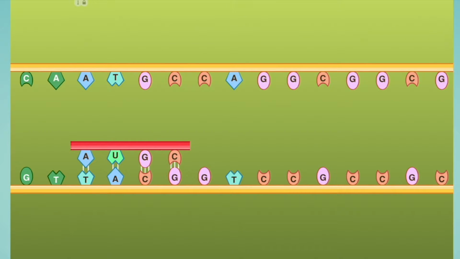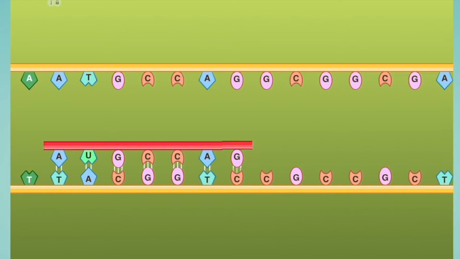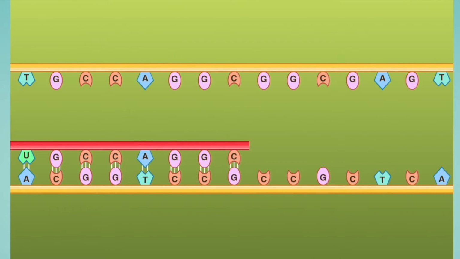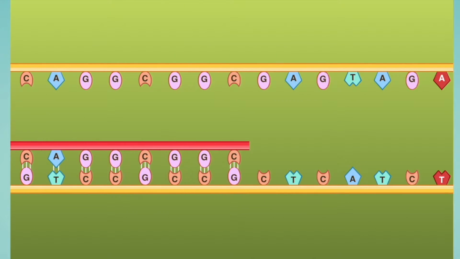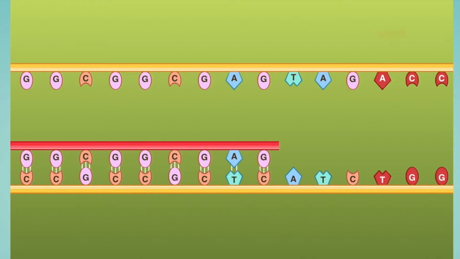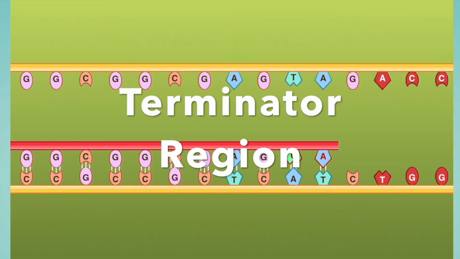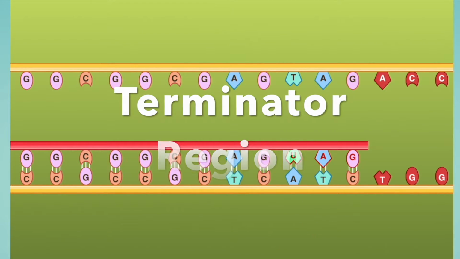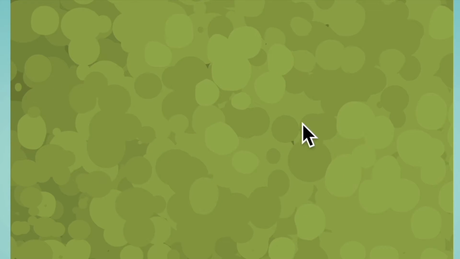So I'm going to go through all the base pairing. And let's move on to the next. Alright, so we're going to stop here because the RNA polymerase is almost at a terminator region. So one more nucleotide, and that's it for transcription.